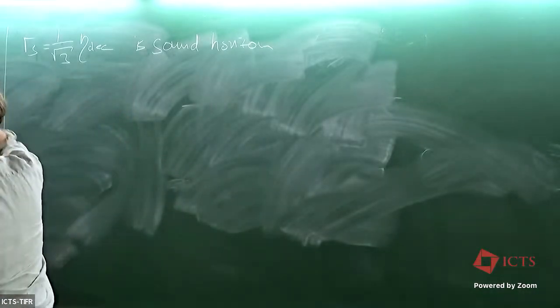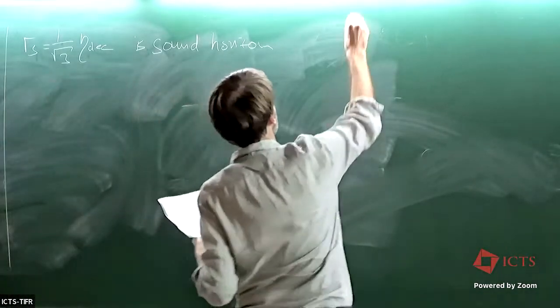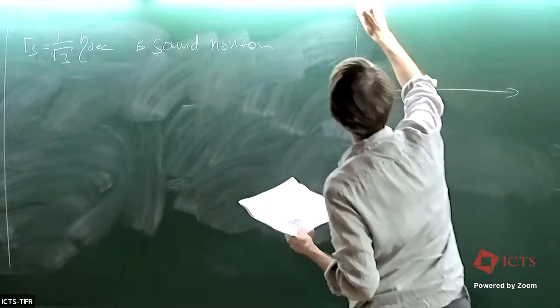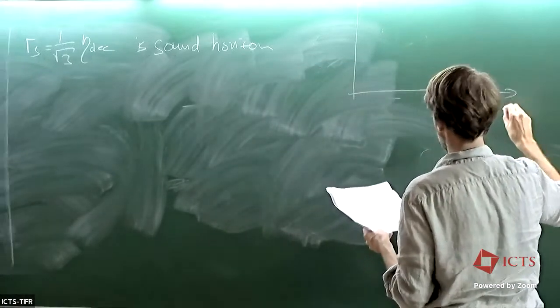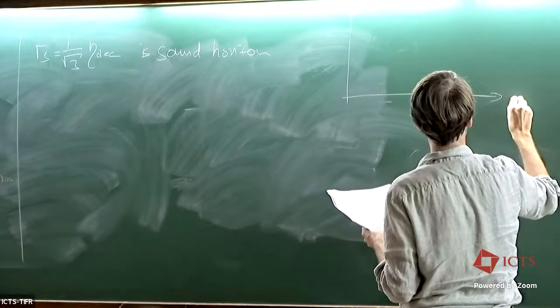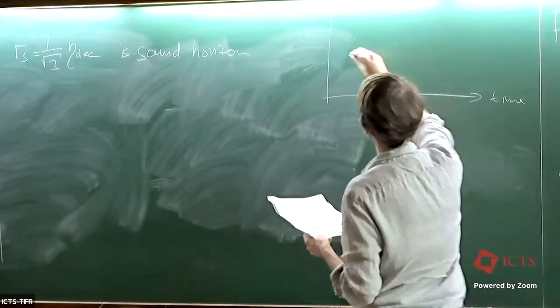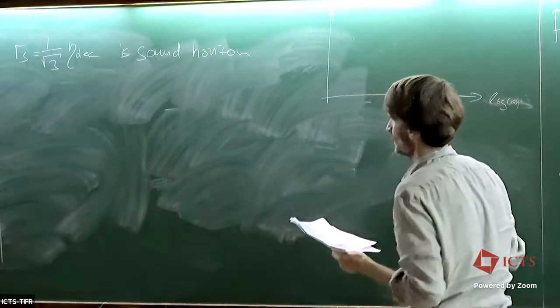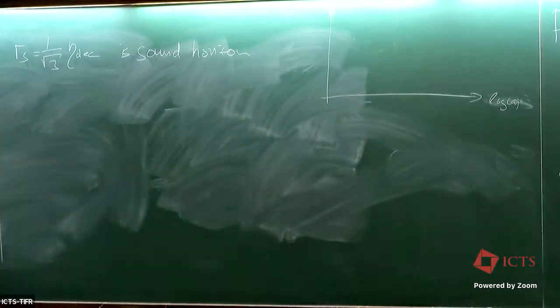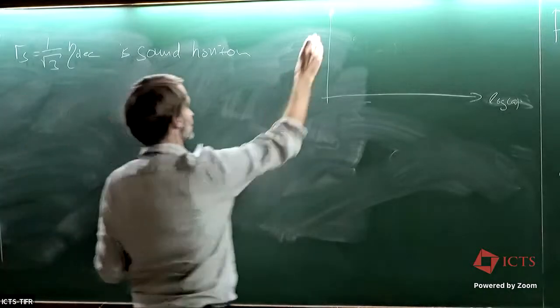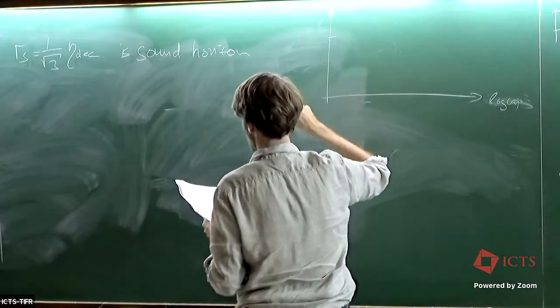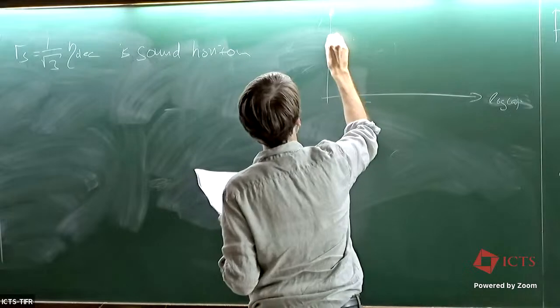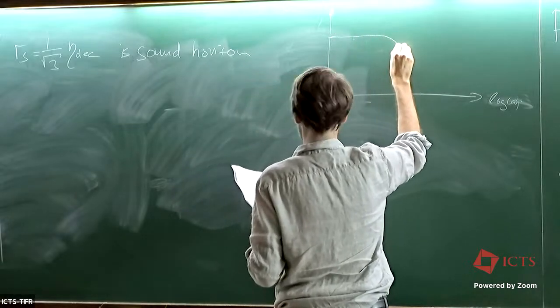And the picture, and you have already seen it this morning, is the following. If we look at a function of time, we have these oscillations. If we look at the function of log a, at early times the cosine goes to 1. So if this is in units of the initial value, then these perturbations look like this.